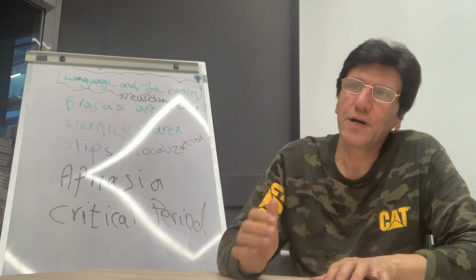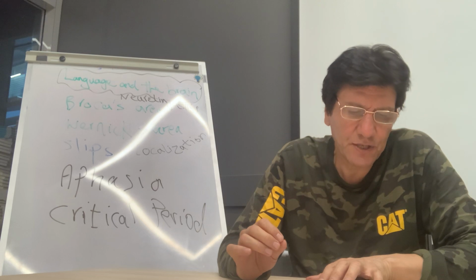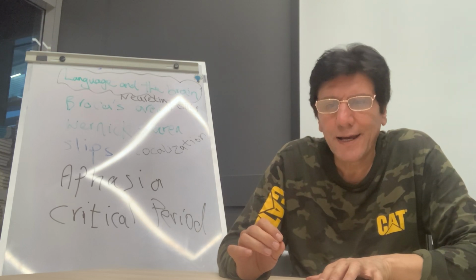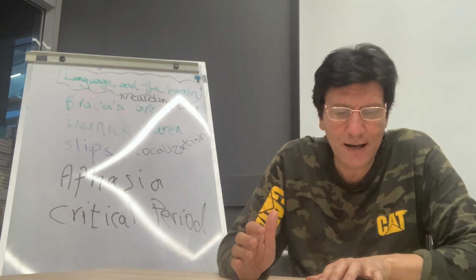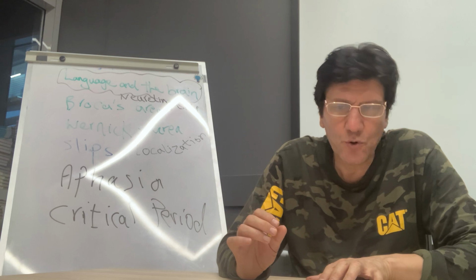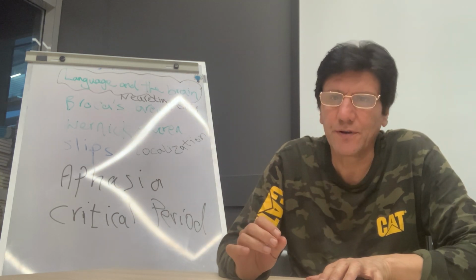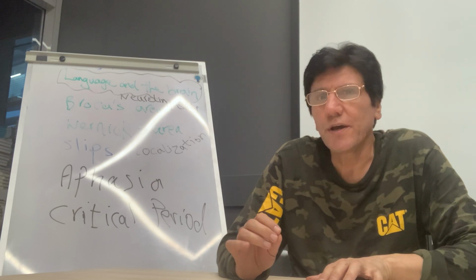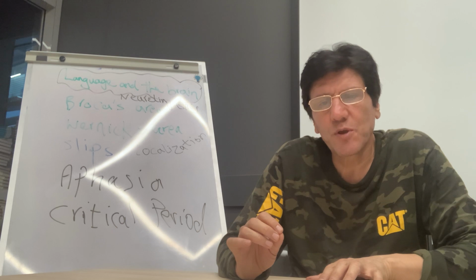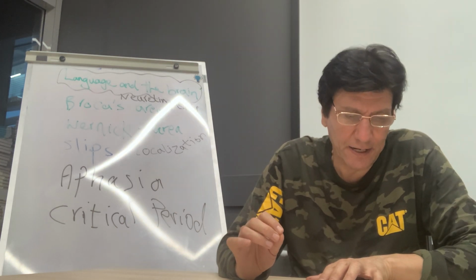What about Wernicke's area? Wernicke's area is by definition the posterior speech cortex, located at the back of the brain, not the front. It is responsible for the comprehension of language. So any comprehension difficulty or problem can be attributed to Wernicke's area.